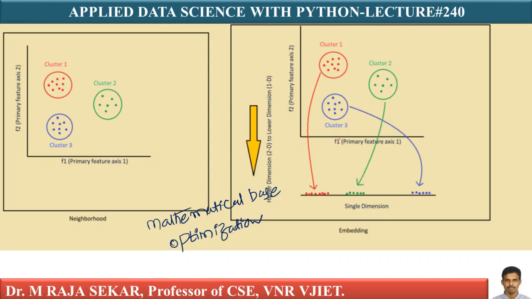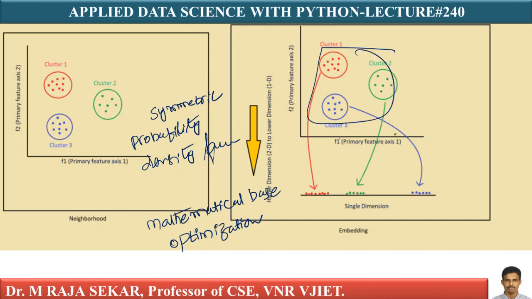In layman's terms, SNE uses symmetric probability density functions, which I already discussed in my previous classes. It uses probability density functions in both higher and lower dimensions, in lower dimensions also, to preserve the neighborhood.